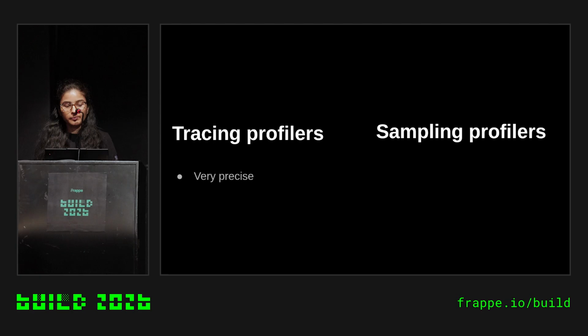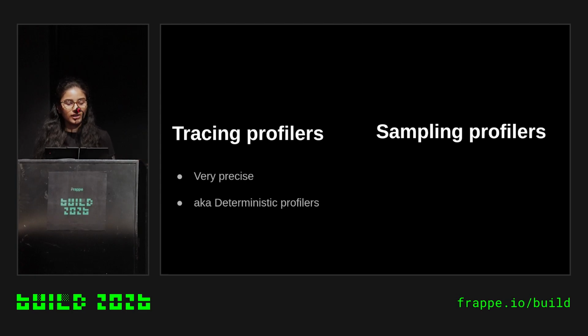Because tracing profilers track the start and end time of every single function call, they are usually very precise. Because of that precision, they're also called deterministic profilers. Sampling profilers take snapshots, and if a function is found at the first snapshot but not at the second, it's just assumed that it takes less than 10 milliseconds.